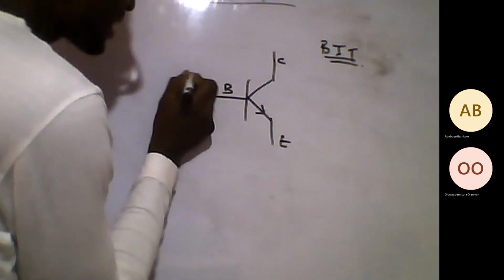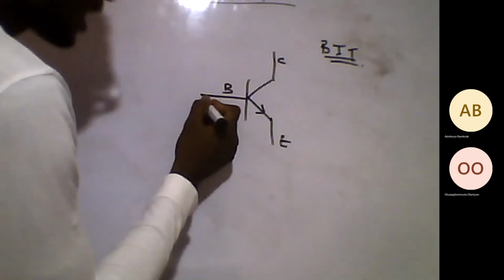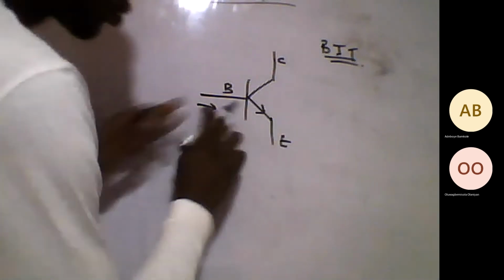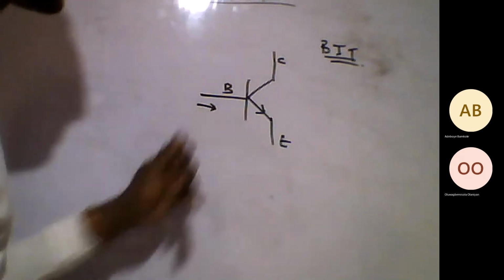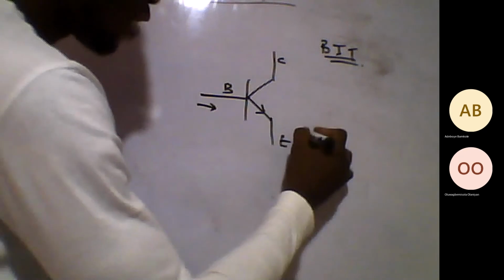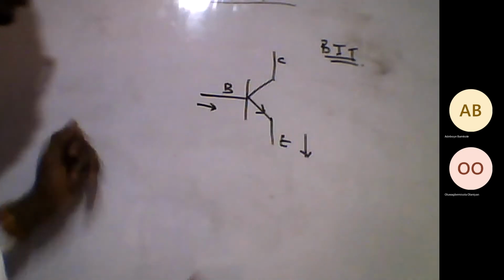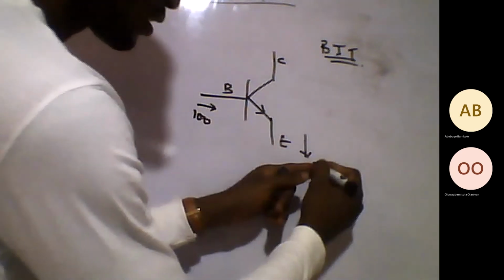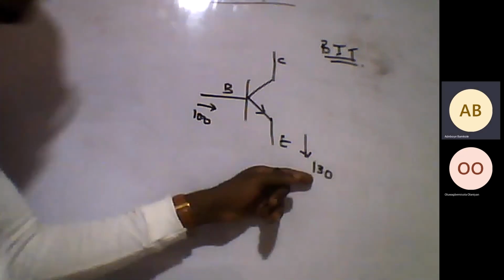It allows a small amount of current to go in through the base, and then it allows a larger proportion of current to flow out through the emitter. Remember Ponzi? You put in 100 here. What comes out here? 130.